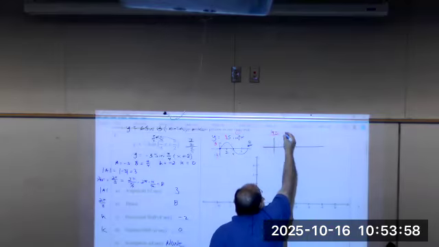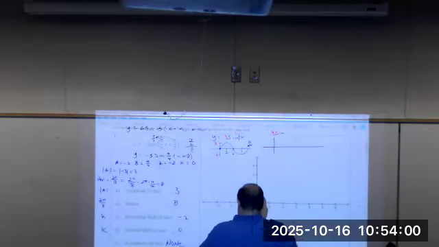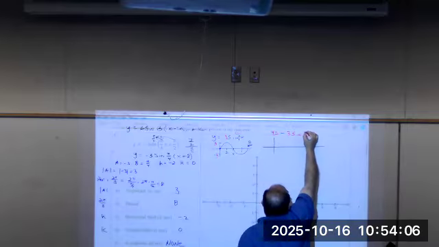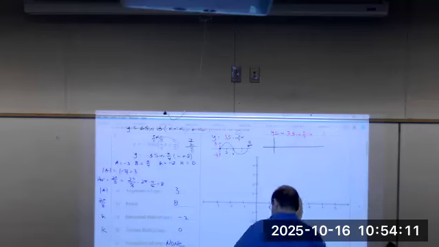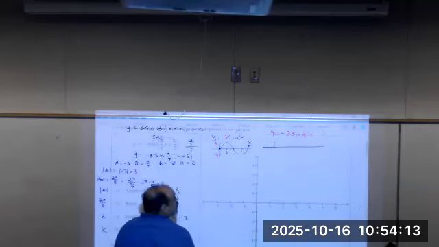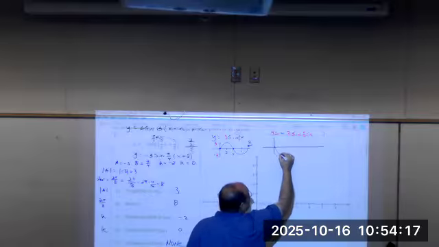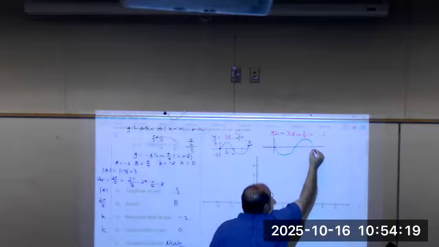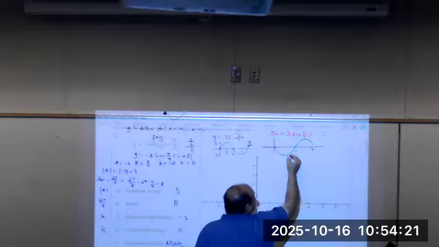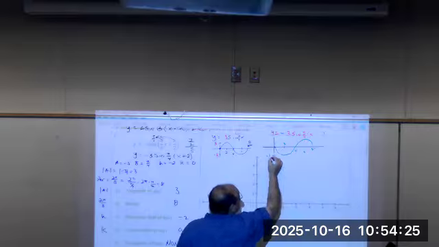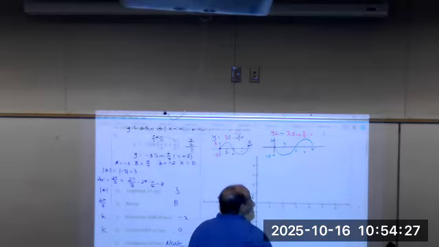If it's going to be a negative, it would start here and go down and then come up. This would still be 4, that would still be 2, that would still be 6. This would be negative 3, that would be positive.